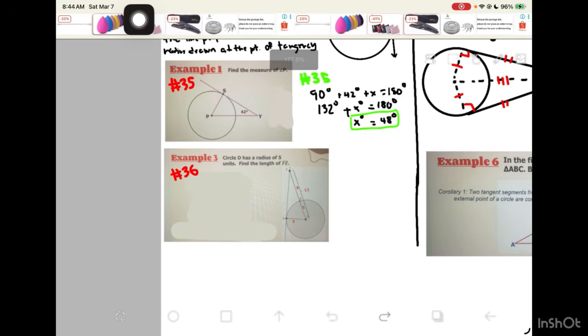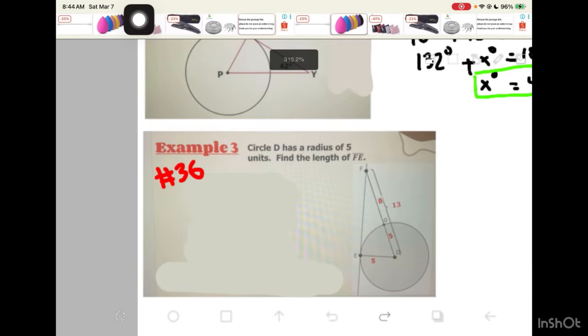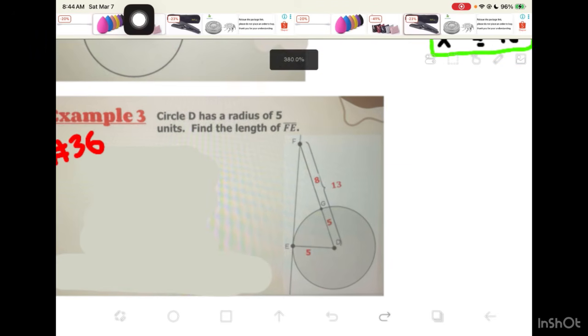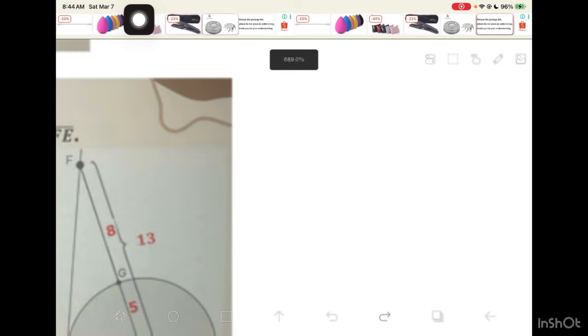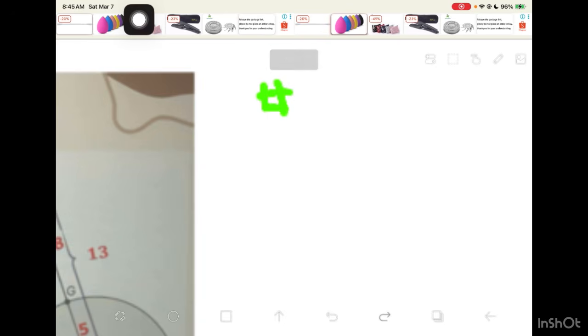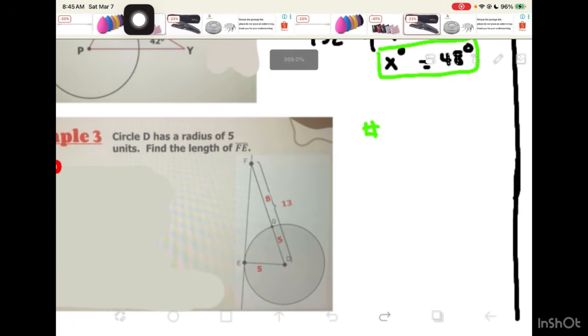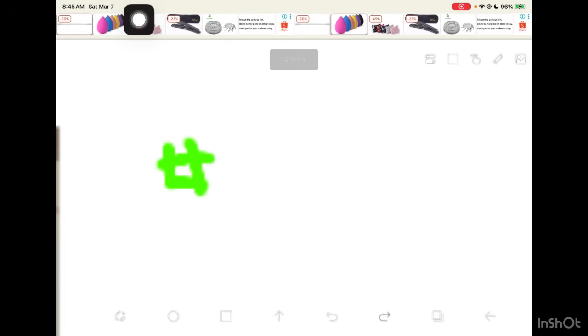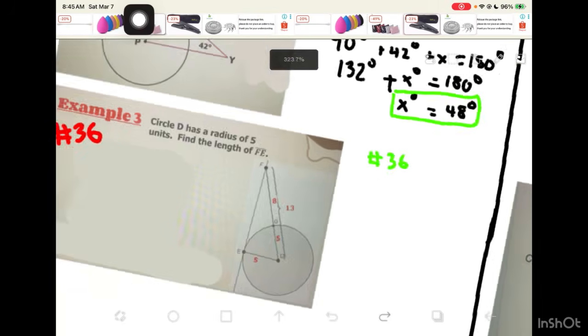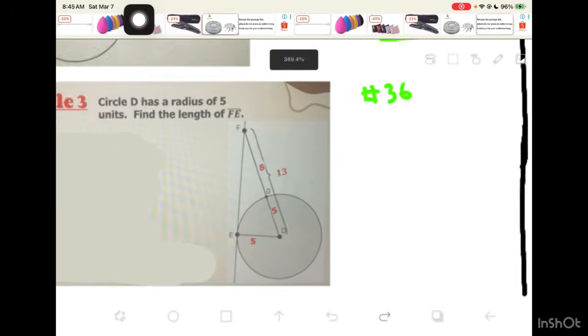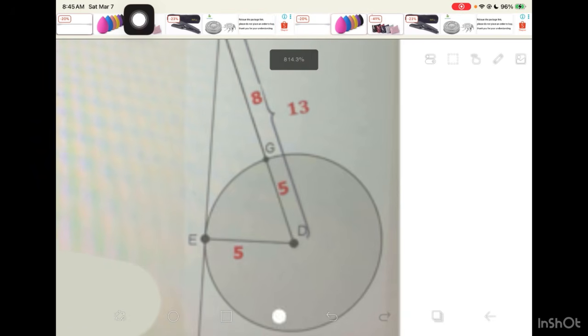Next, okay, this is a bit of a trickier one. So circle D has a radius of 5 and this figure over here. Find the length of FE. So the thing about this is that since this is a Pythagorean theorem.